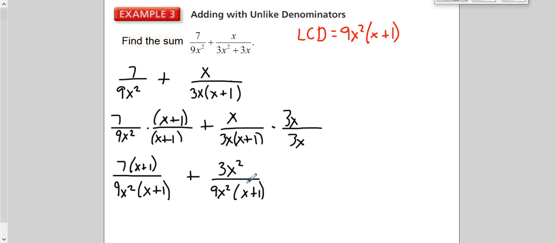And now that we have a common denominator, we can add these together. You could have multiplied this at that stage, 7 times x plus 1. Just make sure you do it eventually. We get 7x plus 7 plus 3x squared all over our common denominator.